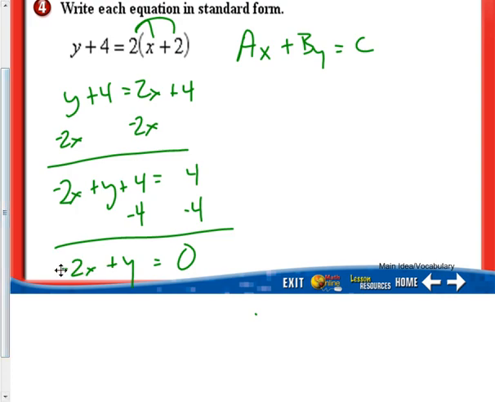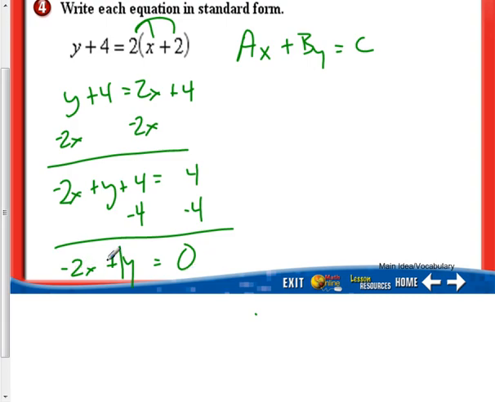It's negative 2x, that's your ax. So what is a? Negative 2. Plus y. Well, what you're going to do is put a 1 in there. Plus 1y. What's b? b is 1. And equal to 0. So what's c? c is 0. Okay. Now this is considered standard form. Do all of these numbers have a greatest common factor of 1?